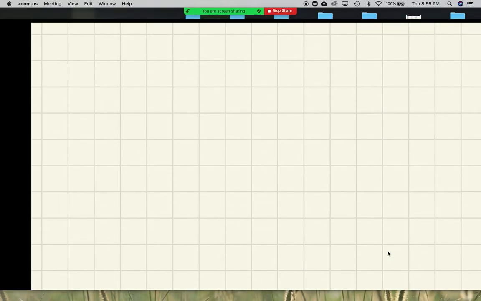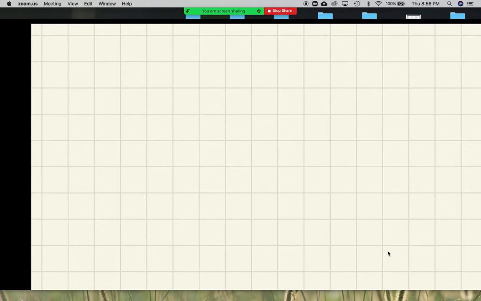So it said negative and zero exponents. I'm going to start out with zero exponents. What does that mean? Let's start with a simple thing like 3 raised to the 0.